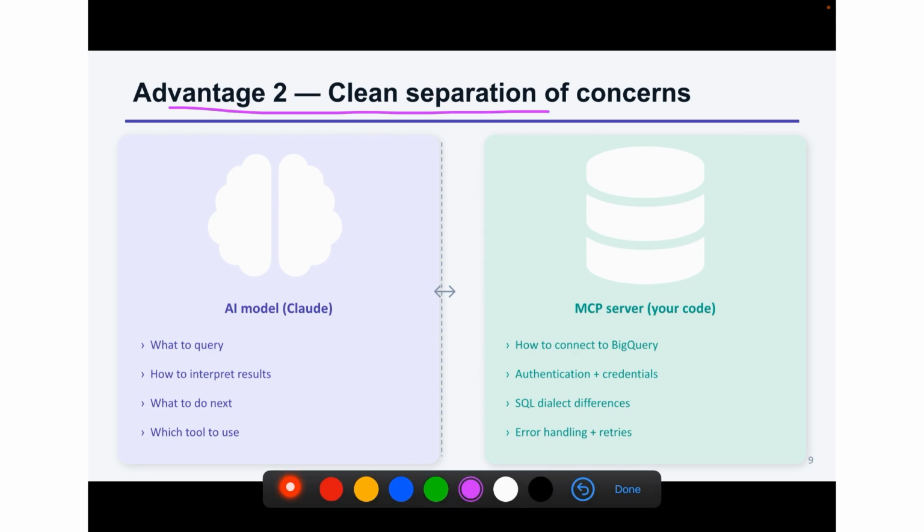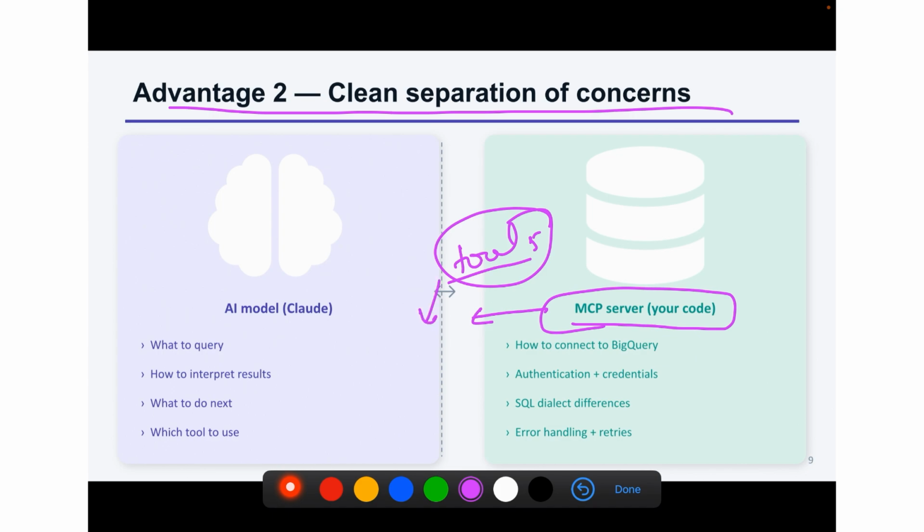Okay, let's talk about the next advantage. MCP servers expose the tools. Tools are basically the functions or actions that a model can perform over your systems.